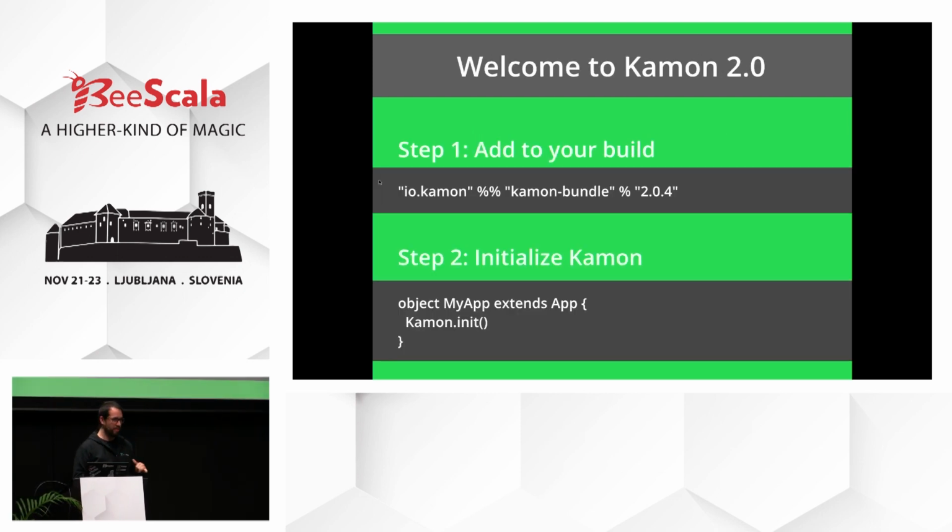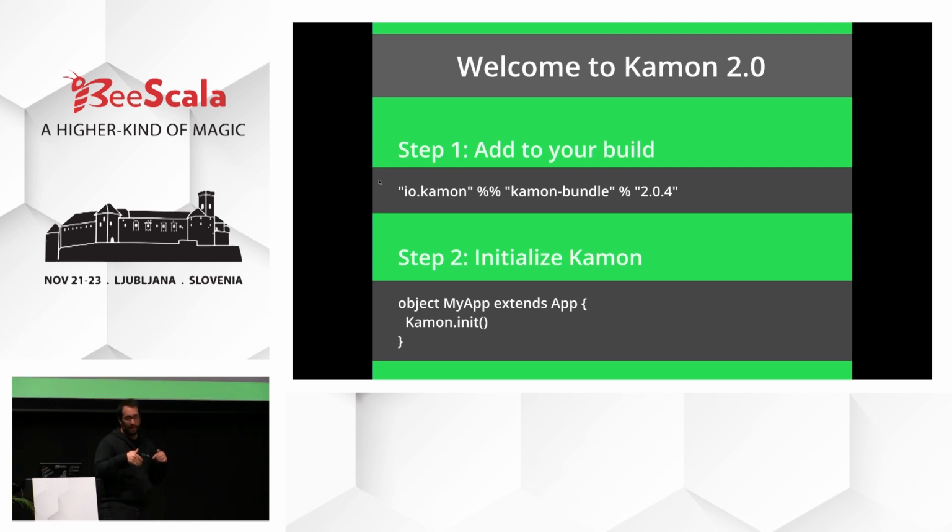Now, if you were using Kamon before, it was kind of a complicated experience. And we released Kamon 2.0 in June, I think. The main focus for us in this new release was to make it easier for people to start using Kamon.